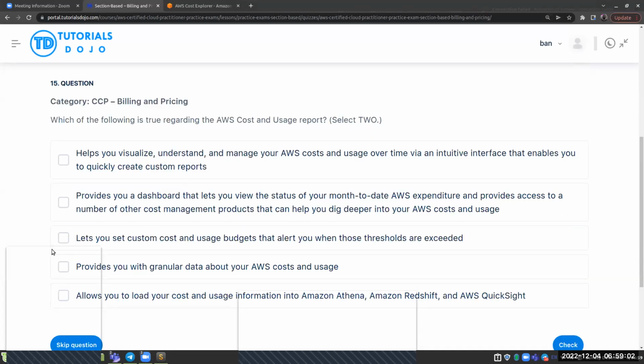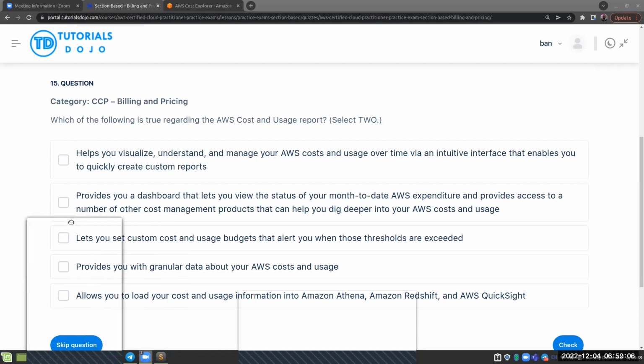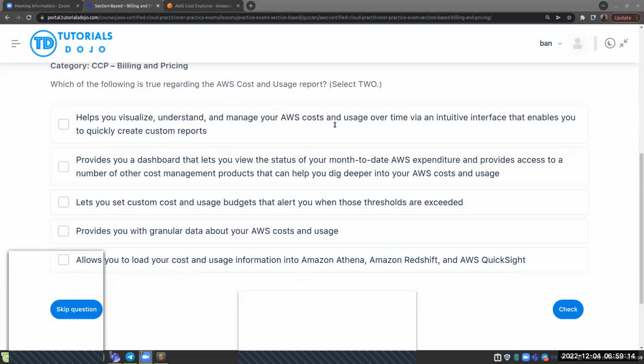The next question is for you, Kinyoi. Which of the following is true regarding the AWS Cost and Usage Report? Okay, we have reviewed that. So let's see. You have to pick two. A says helps you visualize, understand, and manage your AWS cost and usage over time through an intuitive interface that enables you to quickly create custom reports.